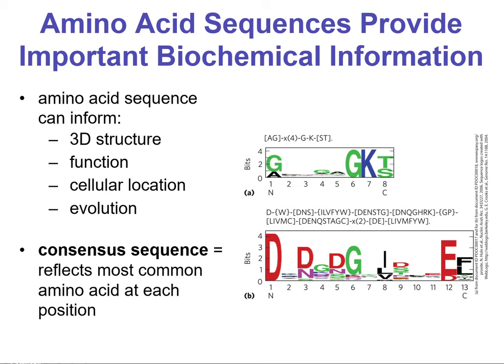So maybe there's a tag or a sequence at the beginning or the end of the protein that all proteins with that tag are localized to the endoplasmic reticulum, or there's some kind of prosthetic group that we know binds to this particular region, and that prosthetic group maybe localizes it to the cellular membrane.